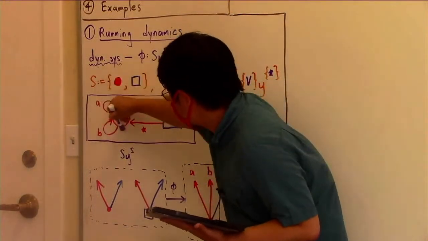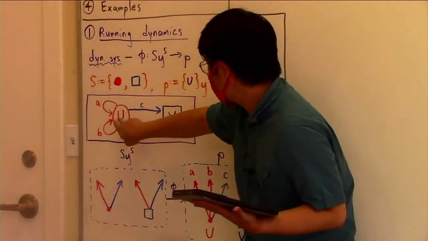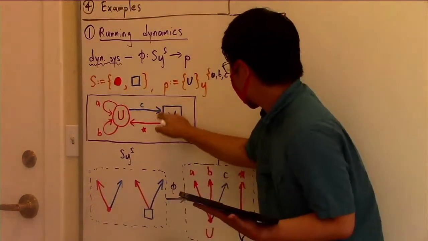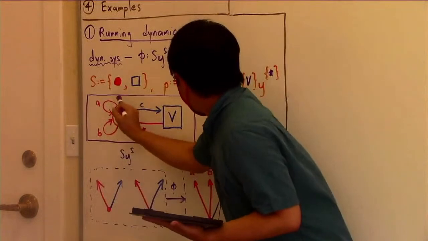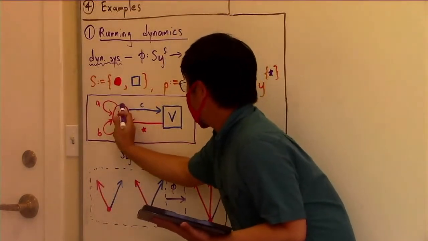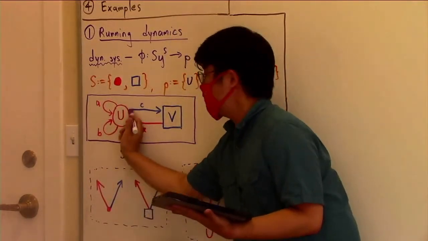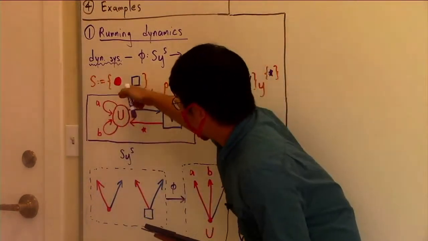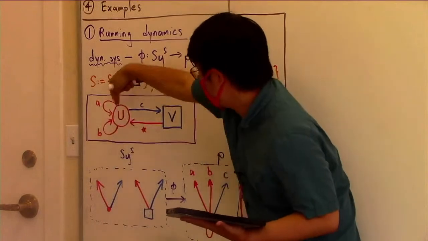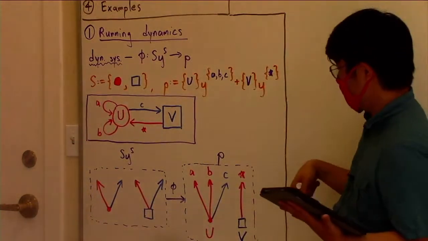It's going to send the circle state to the output U. It's going to send the square state to the output V. And at the output U, you have possible inputs A, B, or C that lead you either back to the red or over to the blue.